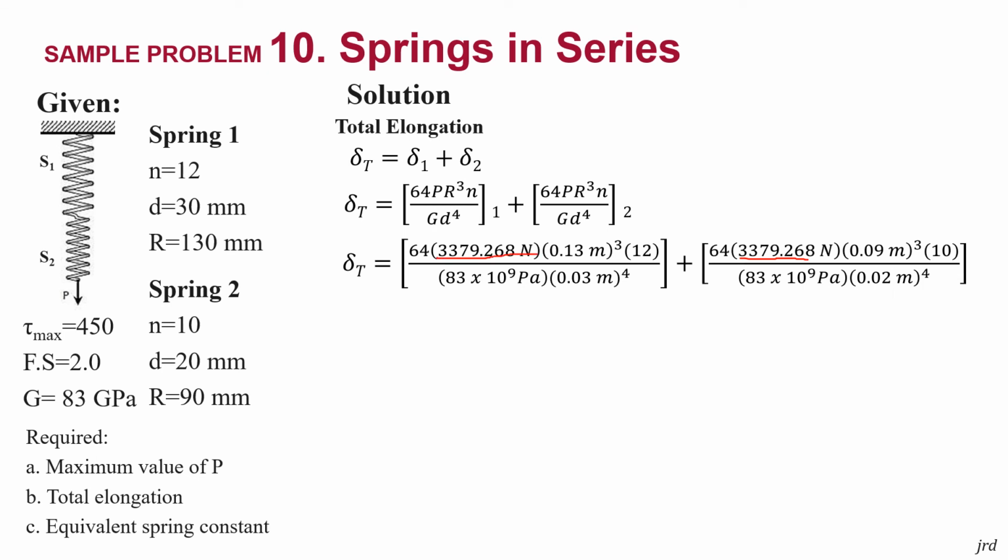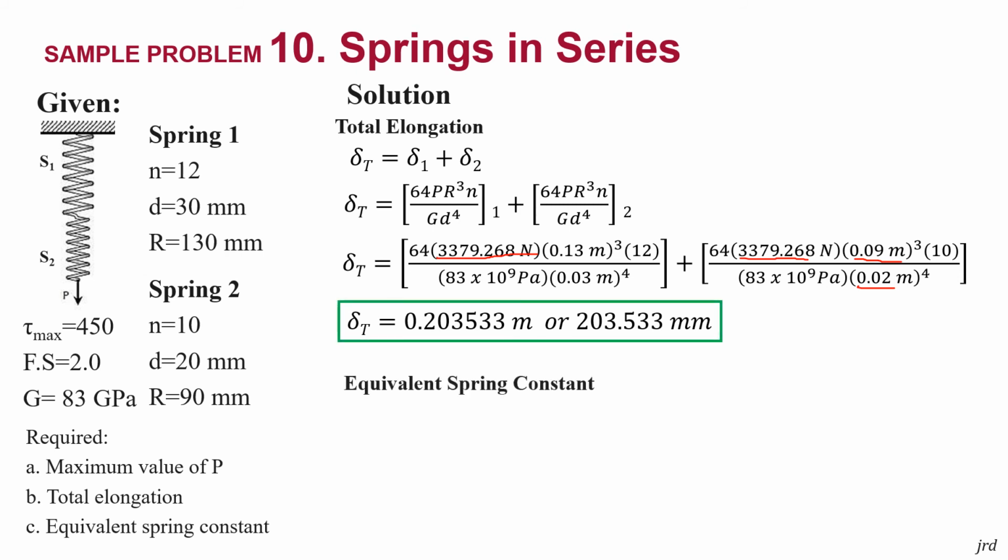We use the mean radius as 0.09 meters and the wire diameter equal to 20 mm or 0.02 meters, raised to the power of 4. Therefore, the total elongation is equal to 0.203533 meters, or 203.553 millimeters.